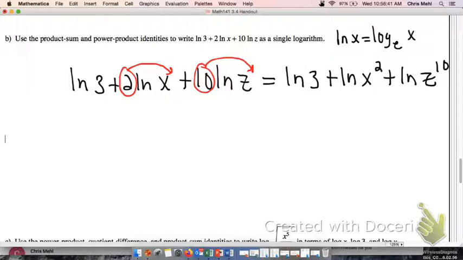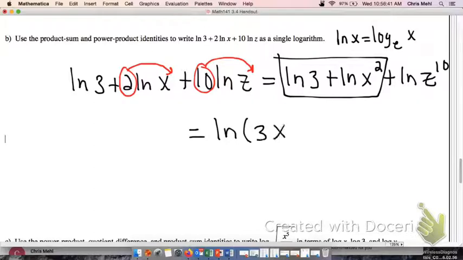And the next step is I can probably look at the first two terms and combine those to a single logarithm first. That would give me natural log of 3x squared plus natural log of z to the 10th.